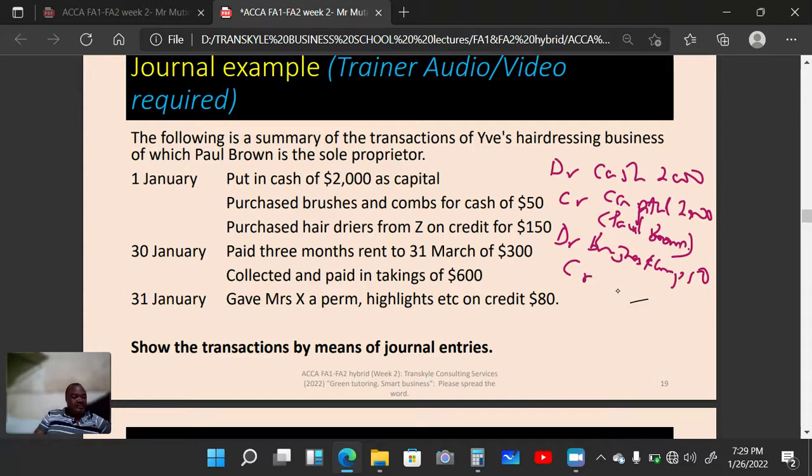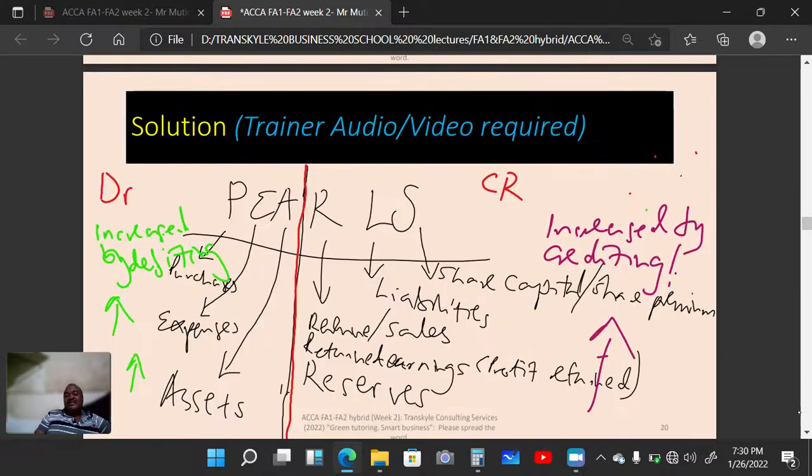Cash, because cash has left the business. So this is why I say that sometimes it happens on this double entry, the debit and credit, between these guys here. These accounts will be playing one another in a debit or crediting fashion.